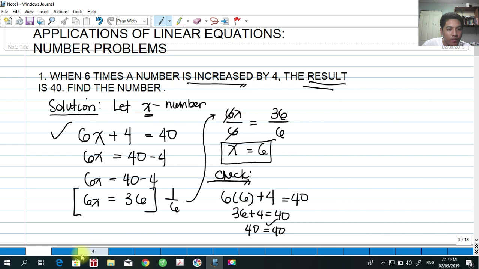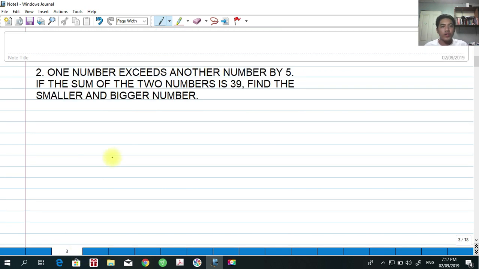Let's go now to number 2. It says one number exceeds another number by 5. If the sum of the two numbers is 39, find the smaller and the bigger number. If we are going to solve this, the problem clearly states that one number exceeds another number by 5.